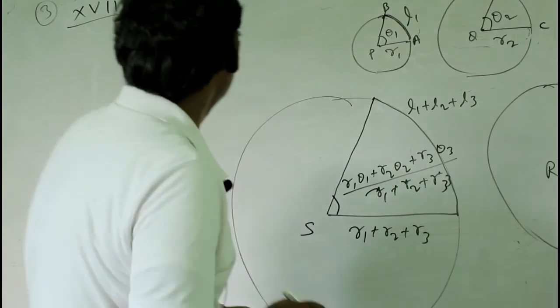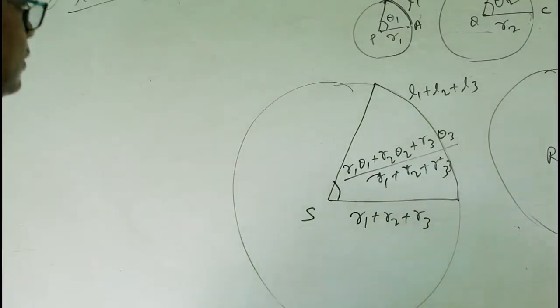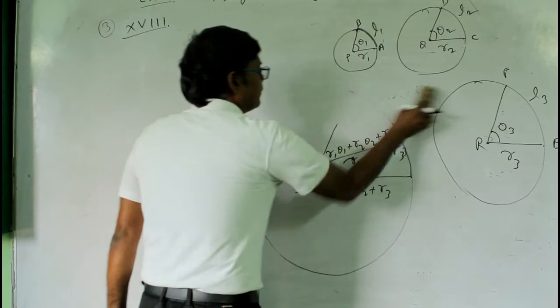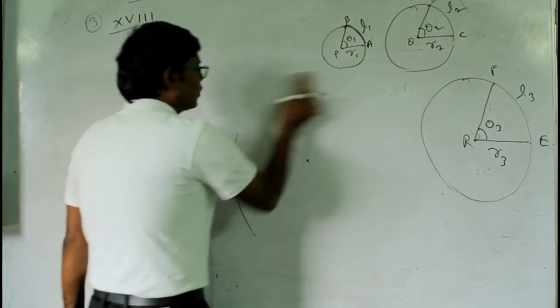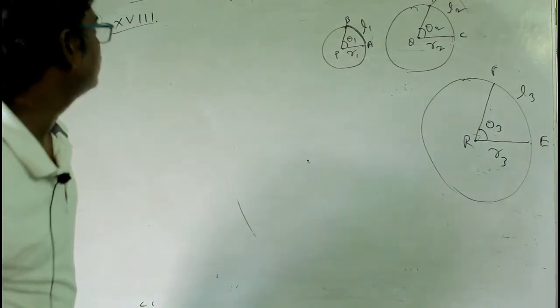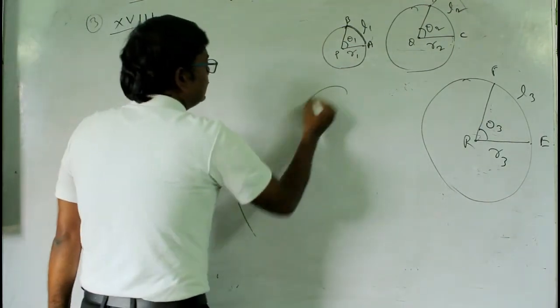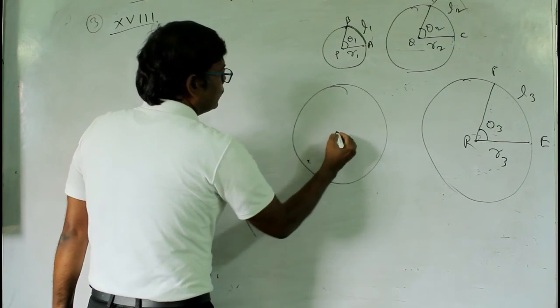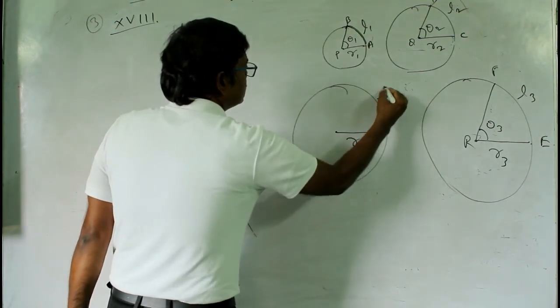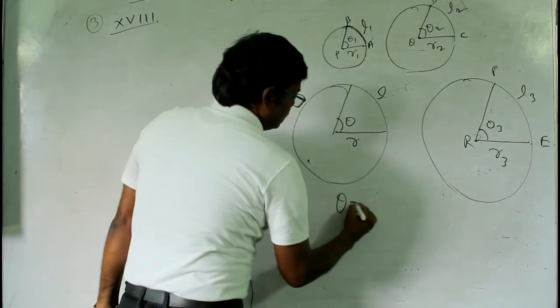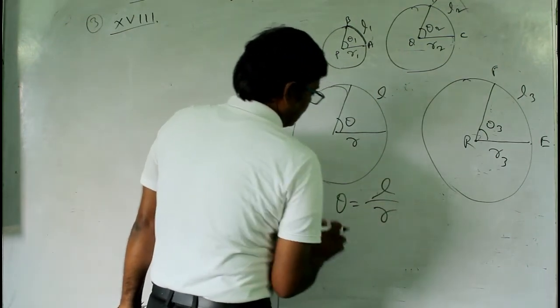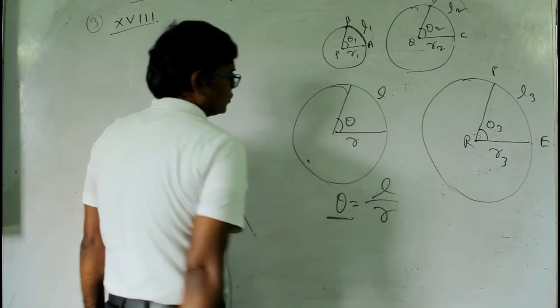So now prove it. In this you need a formula: if in any circle you have the radius R, the arc length L, and the angle theta at the center, then theta equals L by R, and theta must be in radians.